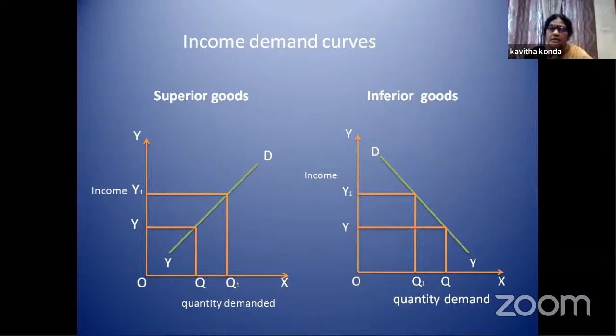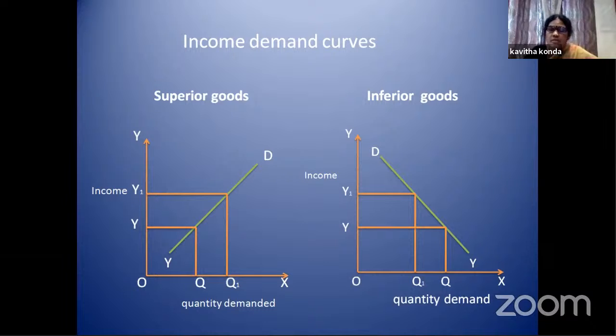In the case of inferior goods, what happens? The demand curve slopes downward from left to right. What does that indicate? A negative or inverse relationship. When income increases, consumers go for high quality or high priced goods. They won't go for the cheaper commodities, which are mostly cereals like ragi, jowar, bajra, or broken rice.